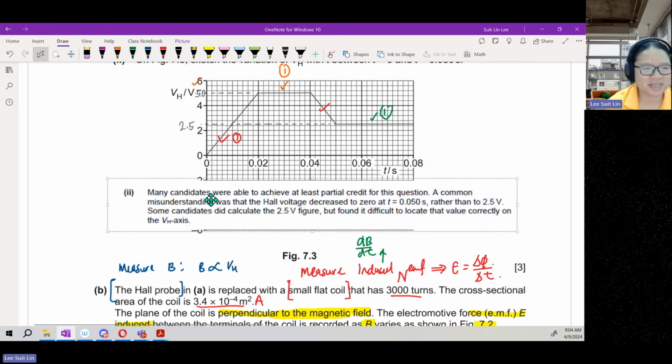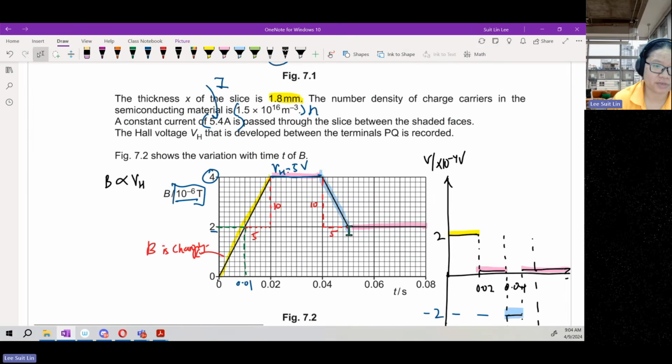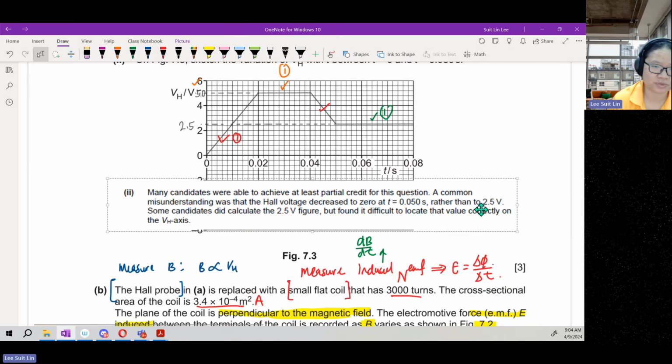It says here, many candidates were wrong. Common misunderstanding is that Hall voltage decreased to 0. So the magnitude didn't decrease to 0, Hall voltage won't decrease to 0. Some candidates did calculate 2.5, but found it difficult to locate the value correctly on the VH axis.